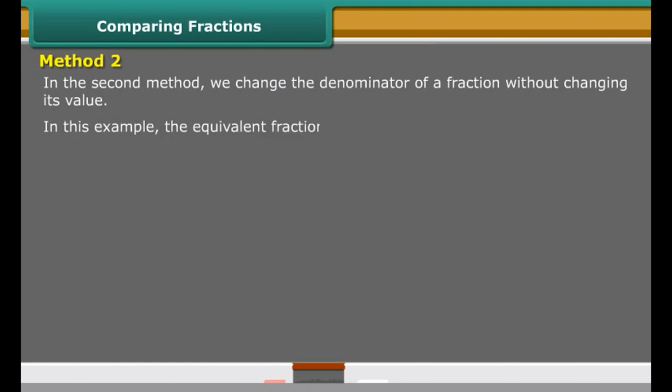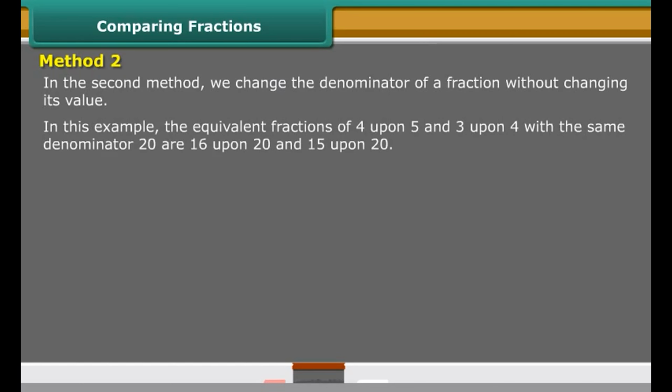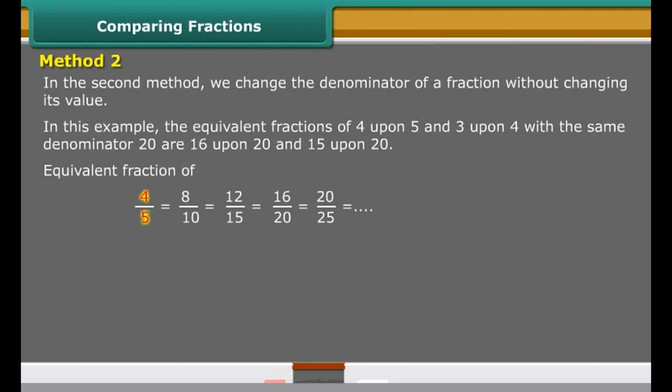In this example, the equivalent fractions of 4/5 and 3/4 with the same denominator 20 are 16/20 and 15/20. Equivalent fractions of 4/5 are 8/10, 12/15, 16/20, 20/25, and so on.